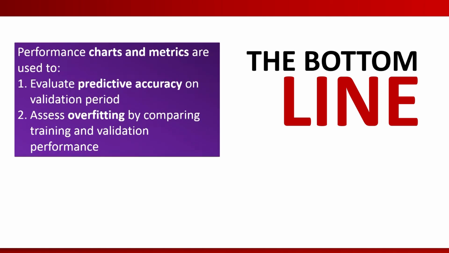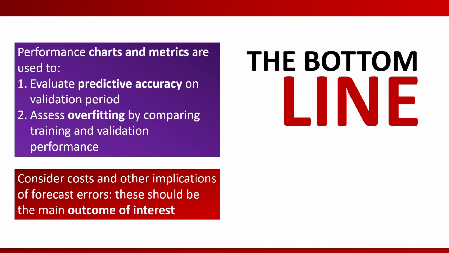The bottom line of this video is that performance charts and metrics are really important. We use them to evaluate the predictive accuracy on the validation period, which gives us an indication about how well this model will work in the future. And we also use them to assess overfitting and make sure that we didn't fit our training period so well that the model is working terribly on the validation period.